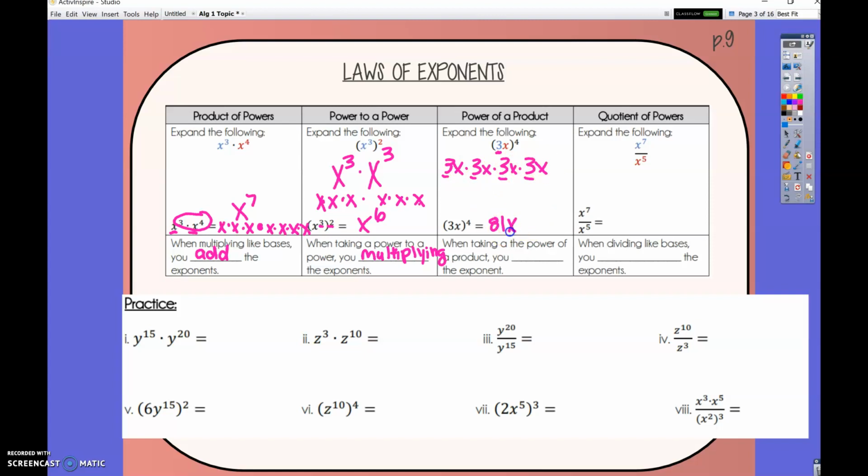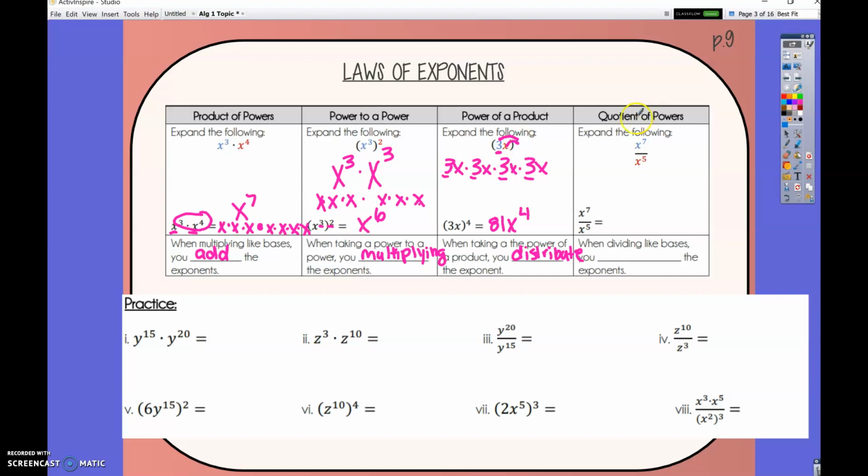There would be 4 of them total, so our power would be 4. That's why when we have a product, something already multiplied inside being taken to a power, we expand it or we distribute that exponent into both of them. Now distribute means each of them gets it. So 3 would be to the fourth power. That's why we had 4 3's being multiplied. And x is to the fourth power.